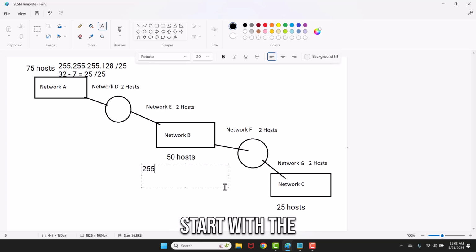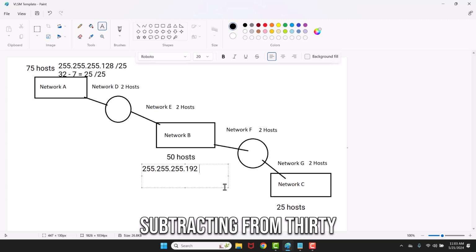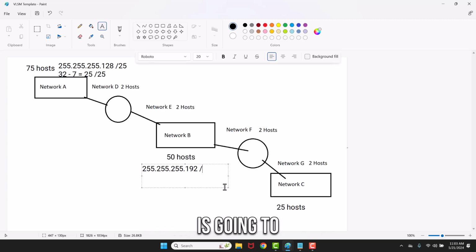So I again start with the default. I add 2 ones, and when I add up 2 ones together, that is 192. And whether I'm adding all the ones together, 24 plus 2, or if I'm subtracting from 32, the CIDR notation is going to be a /26, because I had 6 zeros that I kept. And if I subtract 6 from 32, that gives me 26. Either way I look at it, the CIDR notation for network B is going to be a /26.